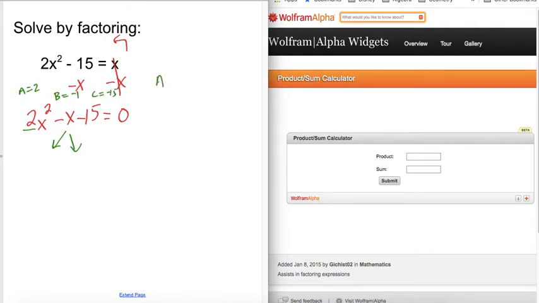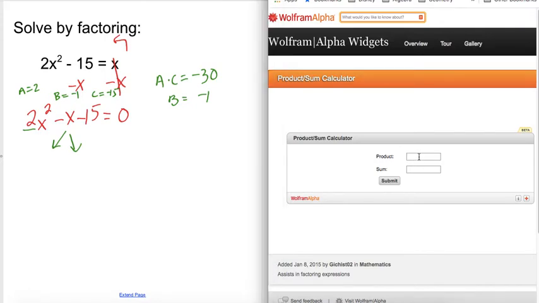Remember that you do a times c, which here is going to be -30, and then you need your b value, which is -1. You go to Wolfram Alpha over here. You want the product to be -30, and you want the sum to be the b value, which is -1.